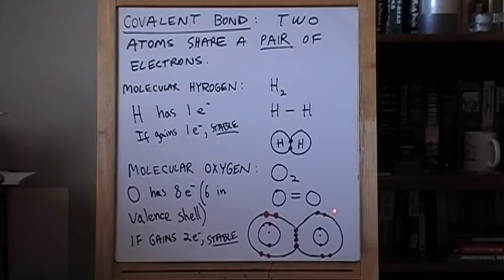And the oxygen atom on the right has its electrons in black. So it's got the 2 inner electrons, and then it has 6 in its outer shell. If they share 2 pairs of electrons, now each oxygen atom has 8 electrons in its outer valence shell, and that's a filled shell, and that's very stable, and so they tend to do that.